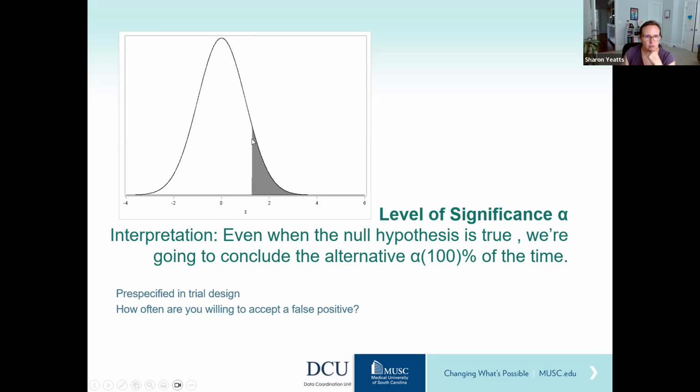So the shaded region reflects the area in which a test statistic out here in this region would be inconsistent with our expectations under the null, right? So here, this shaded region reflects a 10% level of significance. So under this curve, 10% of values would fall here in the shaded region.